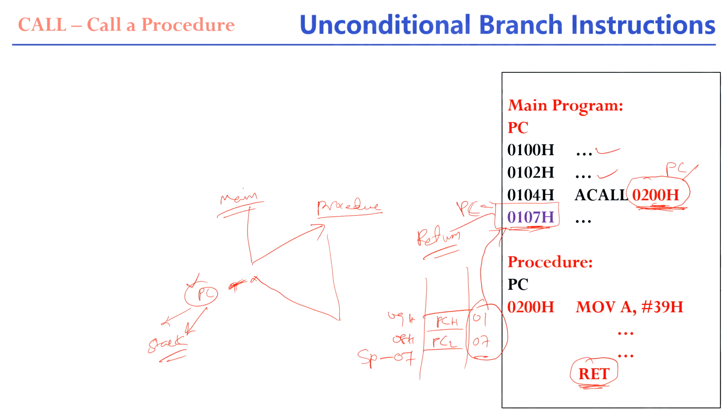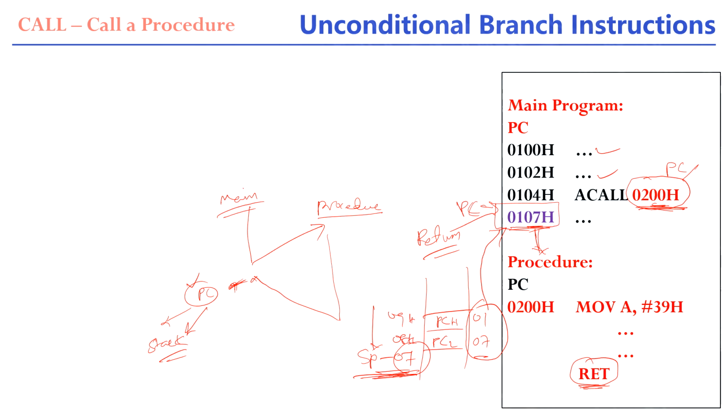Once PC gets this address, it will execute the instructions from this location onwards. At the same time, while returning, the stack pointer is decremented by 2. That means it will have 07 only. Once you move to the subroutine program and return back, the stack pointer value is as it is. So this is about the call instruction.